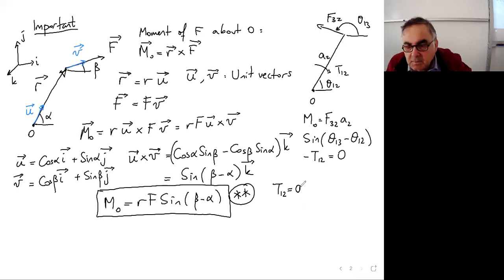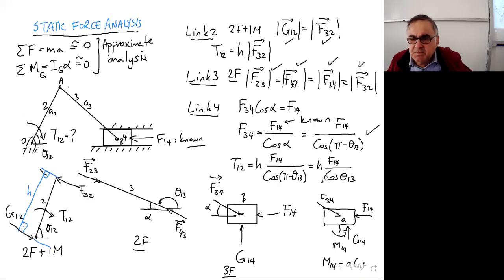A2 times F32 sine theta 1,3 minus theta 1,2. But from the previous page, remember that F32, what was it? F34, F32, etc. is F14 divided by cosine theta 1,3.